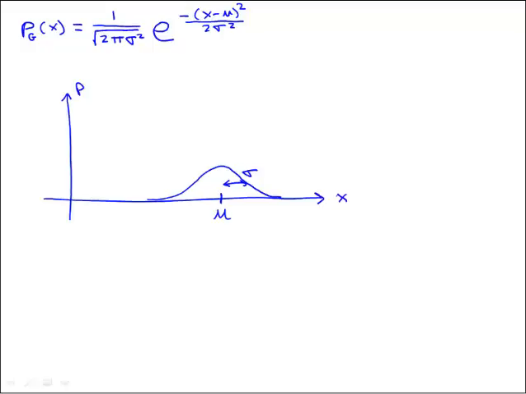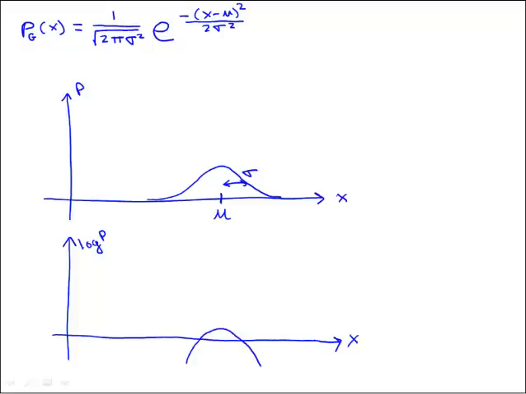Sometimes you'll see the Gaussian drawn on a logarithmic scale. In this case, the y-axis is the log of the probability density, and the distribution looks like an upside down parabola.